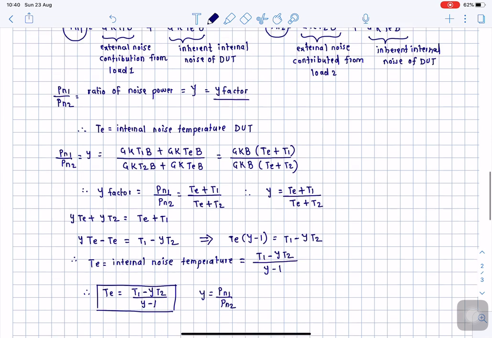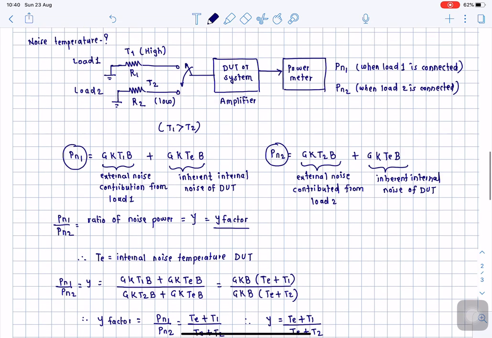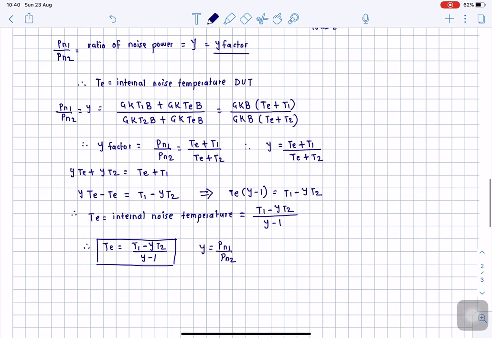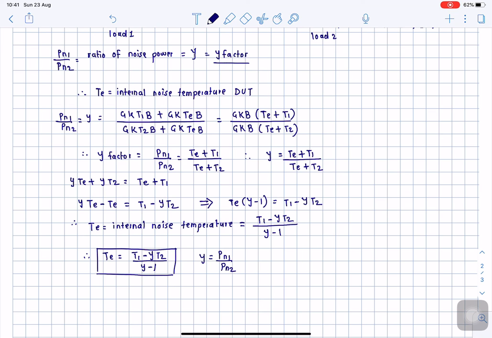So this is how we can find the equivalent noise temperature of the noise generated in the circuit. The device under test, whose noise we want to determine, has its noise quantified in the form of noise temperature, given by Te equals T1 minus Y T2 divided by Y minus 1, where T1 and T2 are the temperatures of two different loads and Y is the ratio of noise power measured when these two separate loads are connected to the device under test.